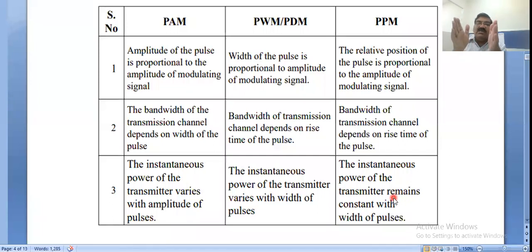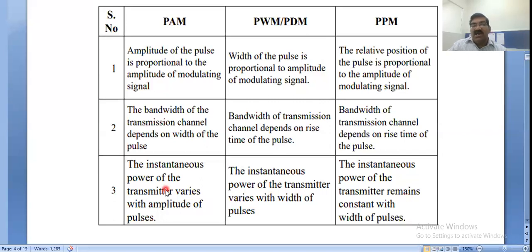For this interval, the width of the pulse is fixed, and only the position is varying, whether it is at the start, middle, or end. So by varying the position, there is no impact on the power because the width remains constant and only the position is changing. So here it is more stable. Pulse position modulation is more stable in terms of power.